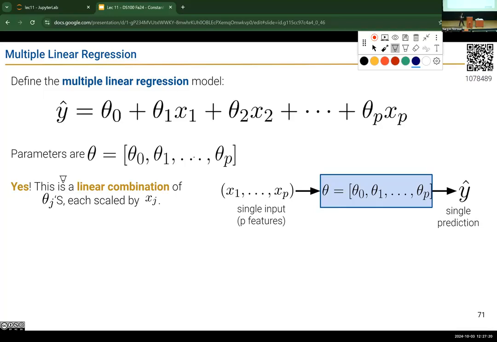So again, our machine here, compared to last time, is that we have this theta vector that is parameterized by theta 0, theta 1, and theta p, assuming that you have p different features plus the bias intercept.